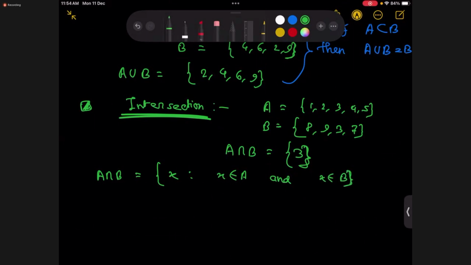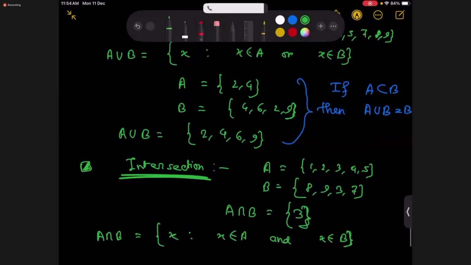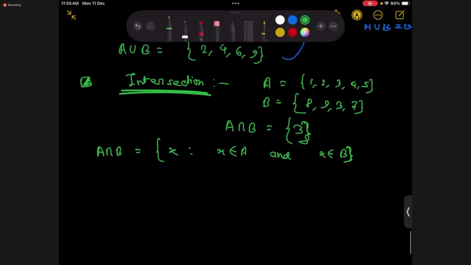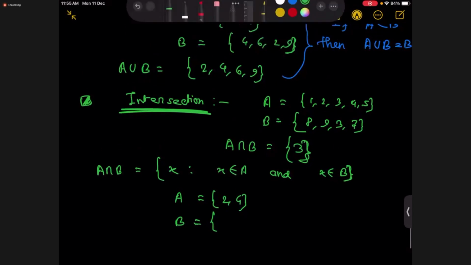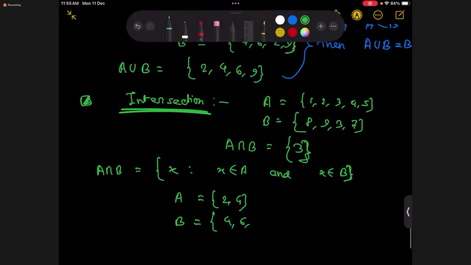Let us take another example. Given A equals 2, 4 and B equals 2, 4, 6, 9. Then what is A intersection B?